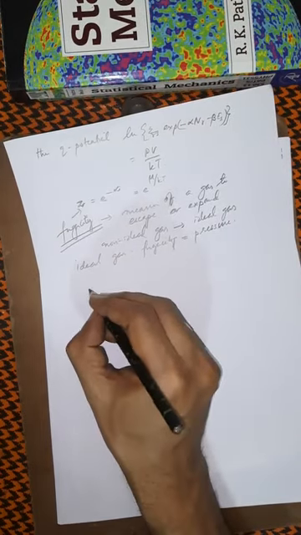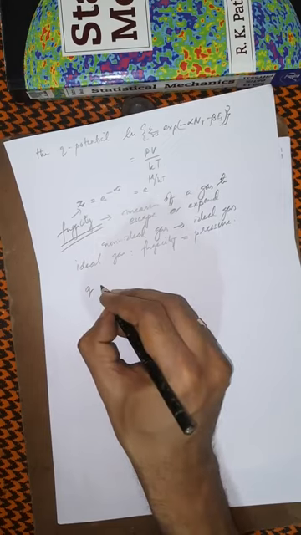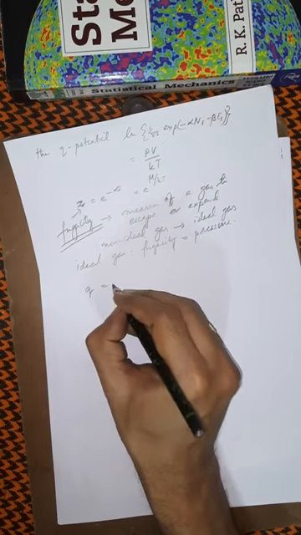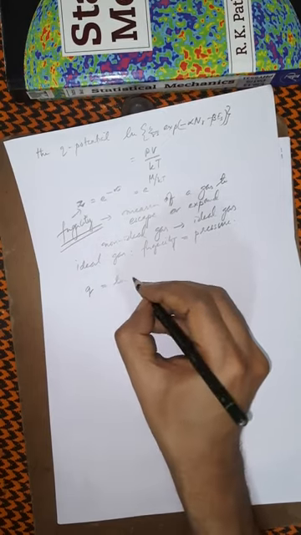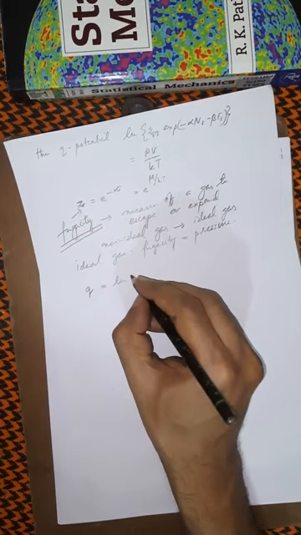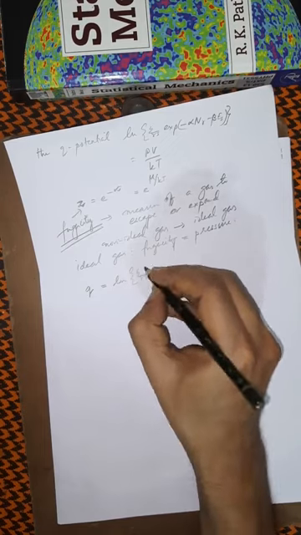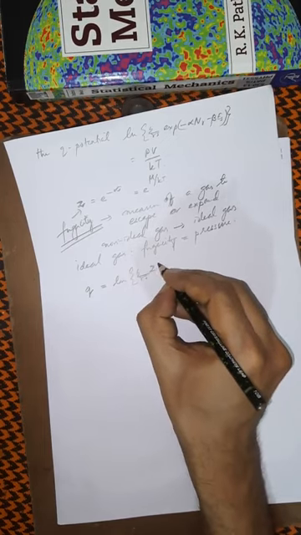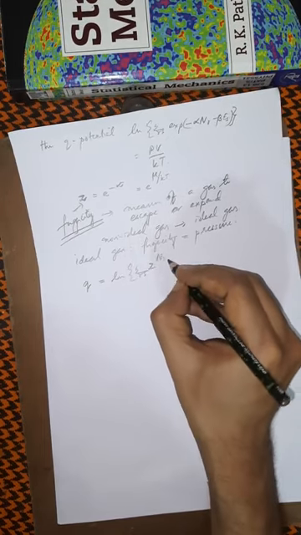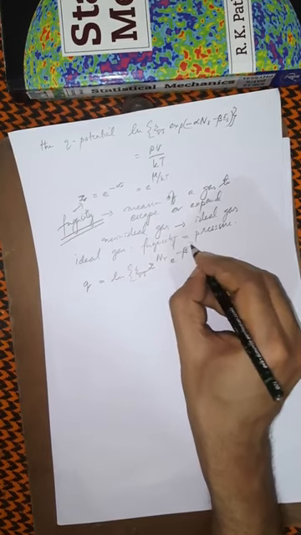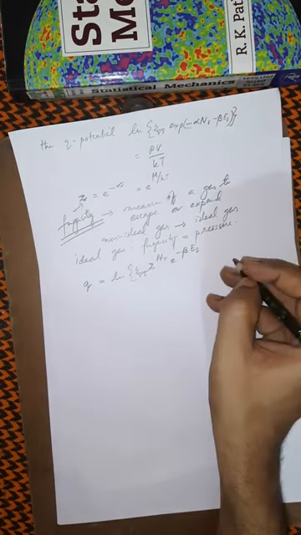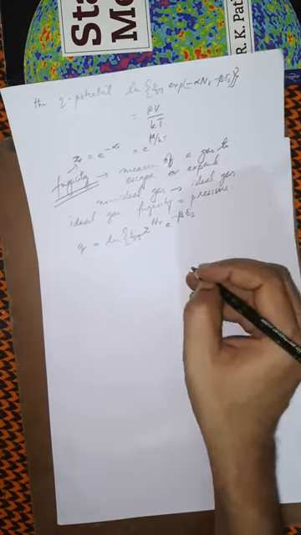So I can write Q as equal to ln of the sum over Rs of z raised to nr e raised to minus beta Es.